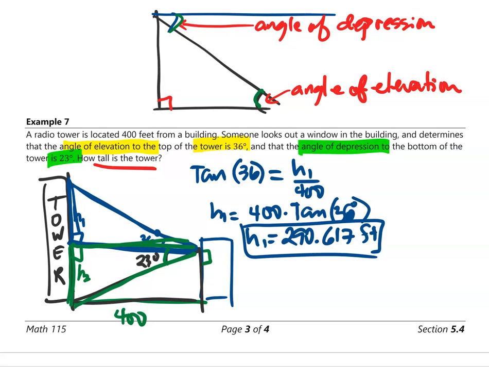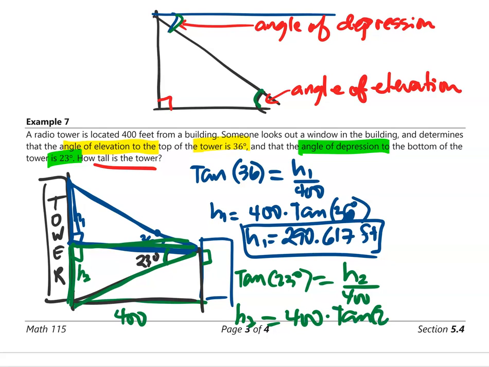So we can use tangent of 23 degrees is equal to h2 over 400. So h2 is equal to 400 times tangent of 23 degrees. And when you use your calculator, 400 times tangent of 23 degrees is actually equal to 259.76 feet.